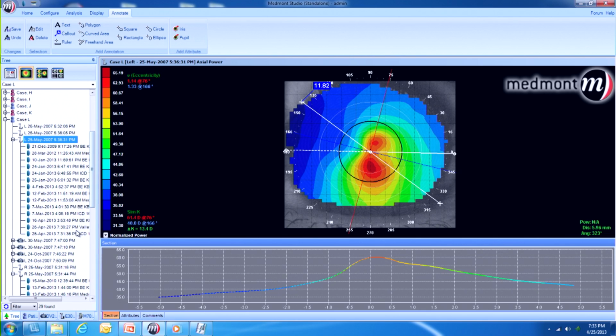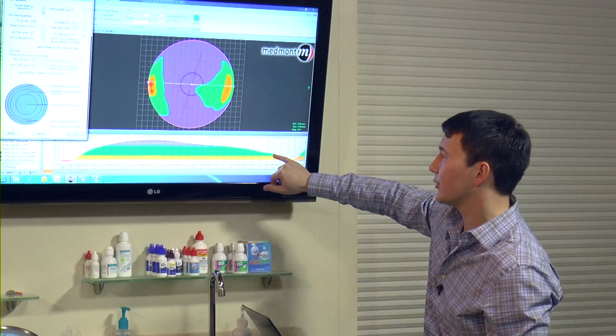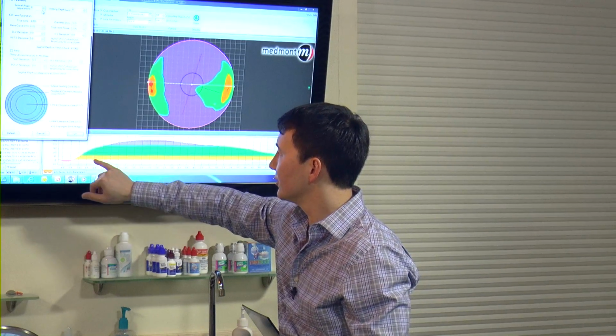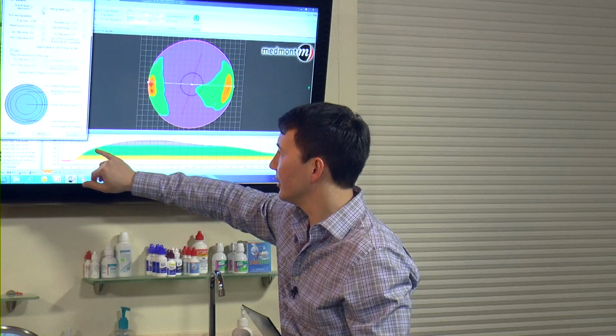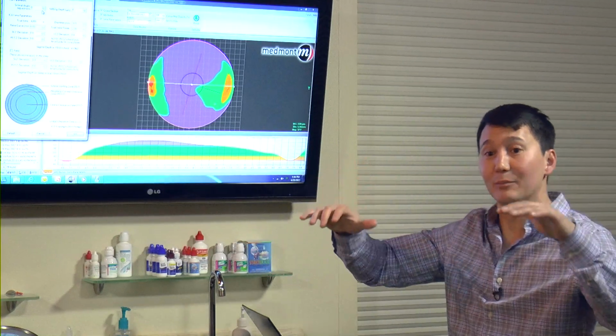And let's put our scleral lens back on. Okay, so at around 12 millimeters out, this is the limbus, and we are in the neighborhood of almost 160 microns there, and on the temporal side, somewhere in the neighborhood of 240 microns. So we've got lots of limbal vault.